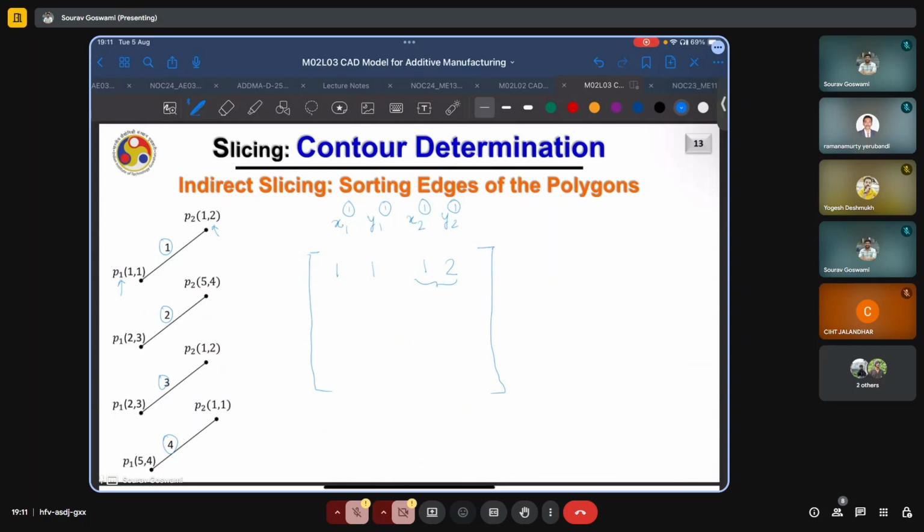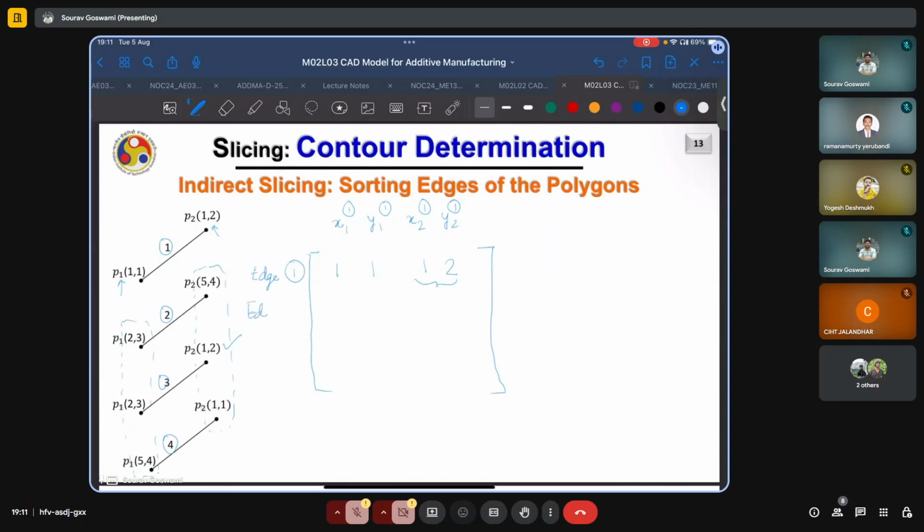We first look at the first point, point 1, of each of these edges, and check whether 1 comma 2 is available. It is not. Then we look at the second point of each of these edges. Here we see that the point 1 comma 2, so this was edge 1, is available with edge 3.